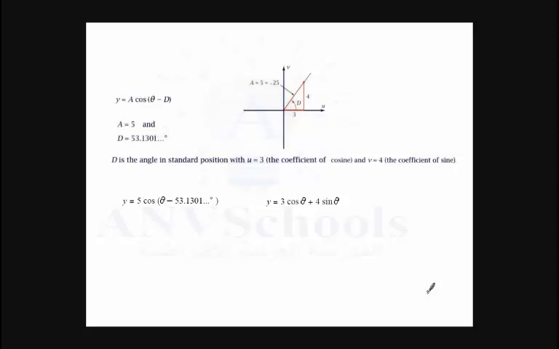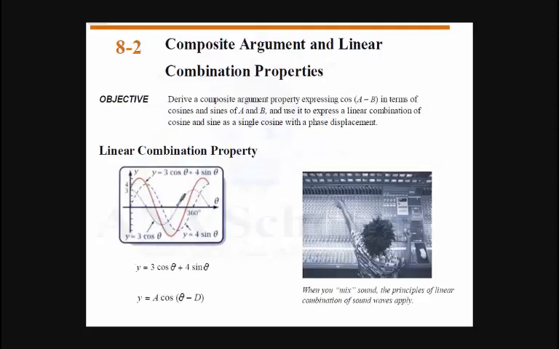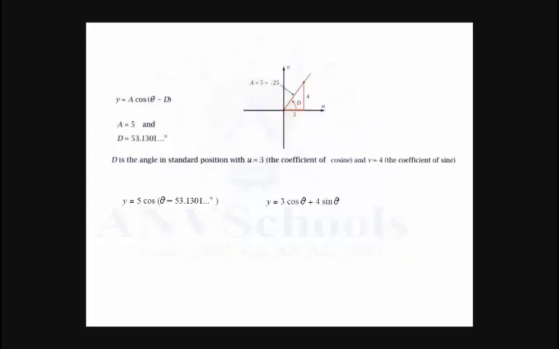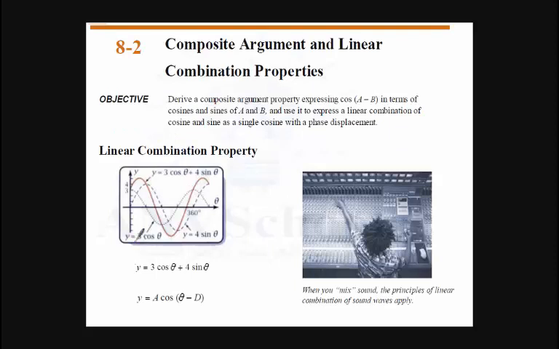Taking this original graph in your grapher, it will tell you that the amplitude will be 5, and that the displacement, in terms of degrees, would be 53.1301. So that's the phase displacement of this function, which is somewhere here.